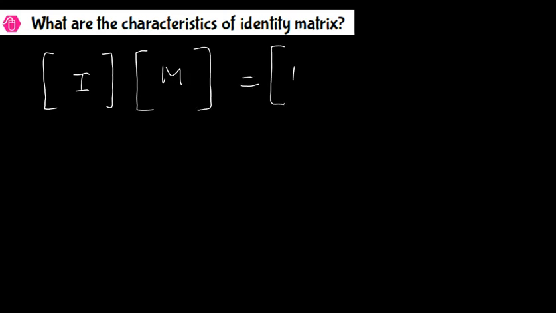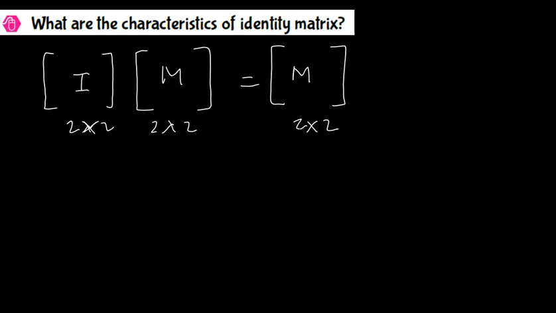So you know the concept that if you multiply the identity matrix with a matrix, you'll get the same matrix, right? So if this one is 2 by 2, you'll get a 2 by 2 matrix with the same elements, and your identity matrix must also be 2 by 2.